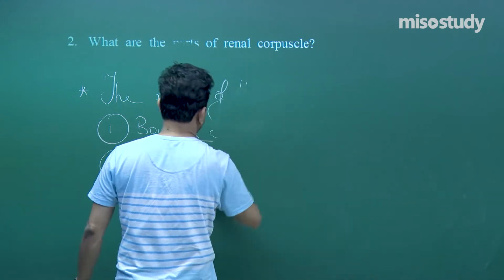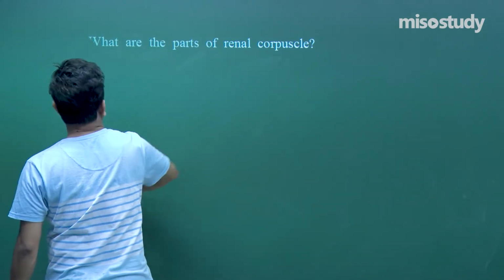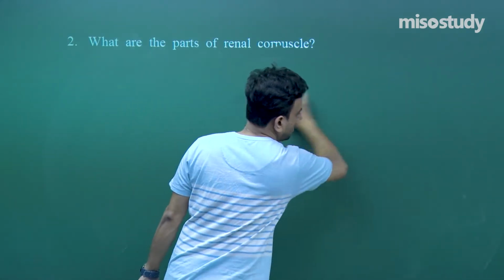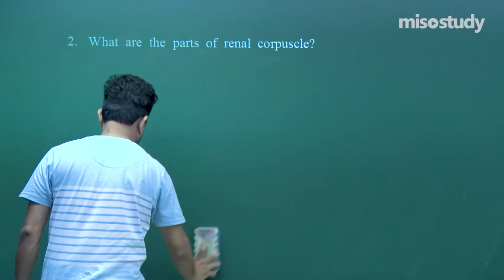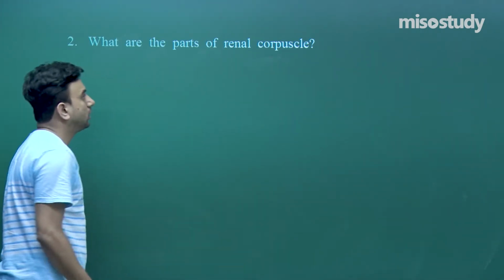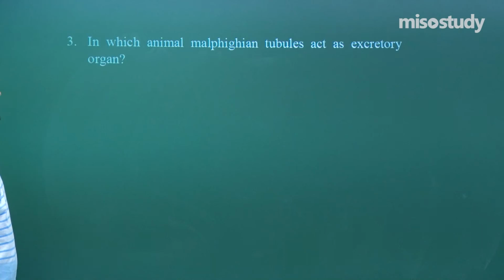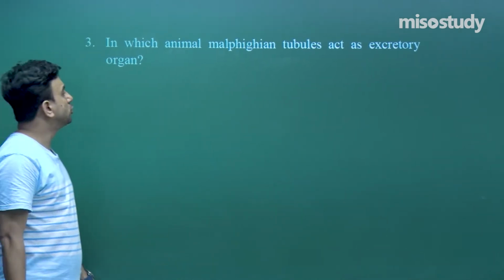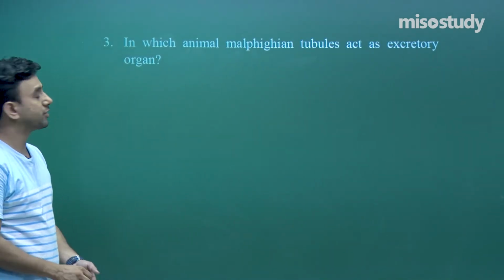Then next, in which animal do the Malpighian tubules act as the excretory organ?